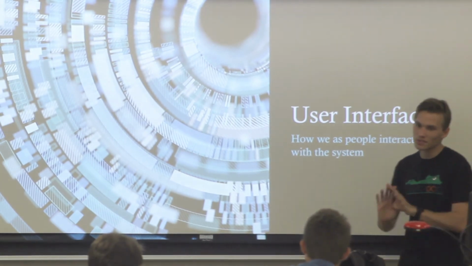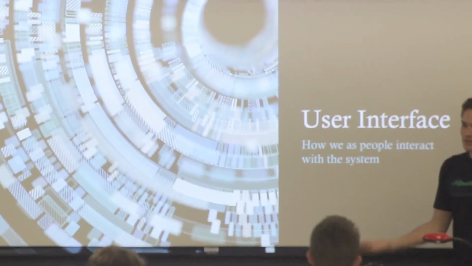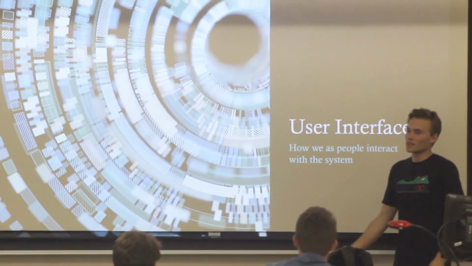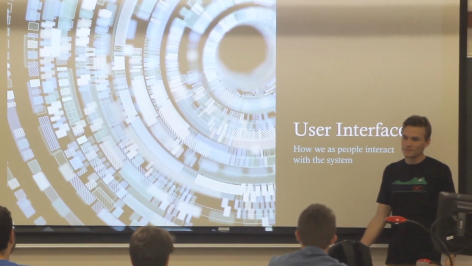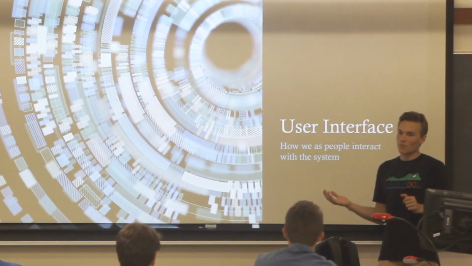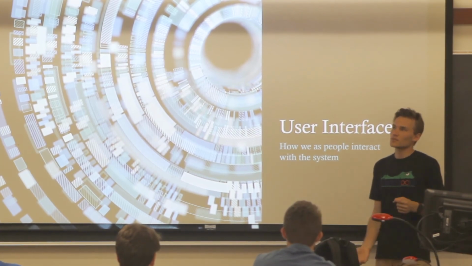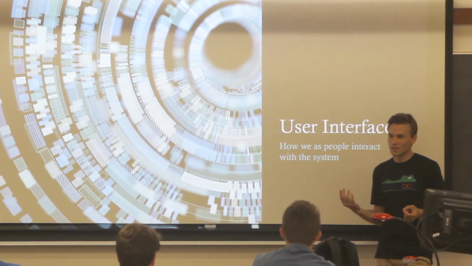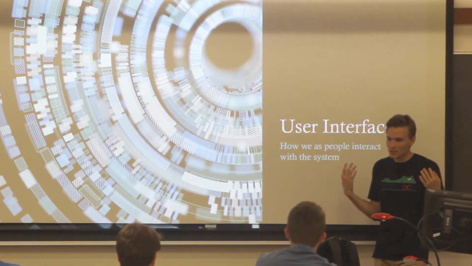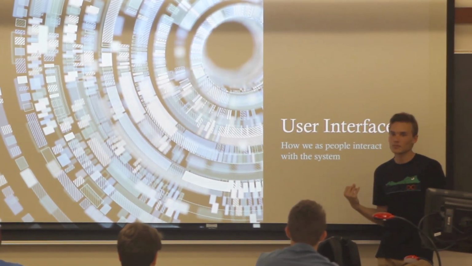The user interface. I mentioned this a little bit before, but without a good user interface, you have no way to interact with the system, and you're kind of excluded from it. You don't want to be left out on that. Like I said, you don't want to change the temperature of your house and then it not let you. So usually for something like this, you want to be able to, at least in the future, say, hey, set the temperature to this with your voice, and it recognizes that and does something with that.